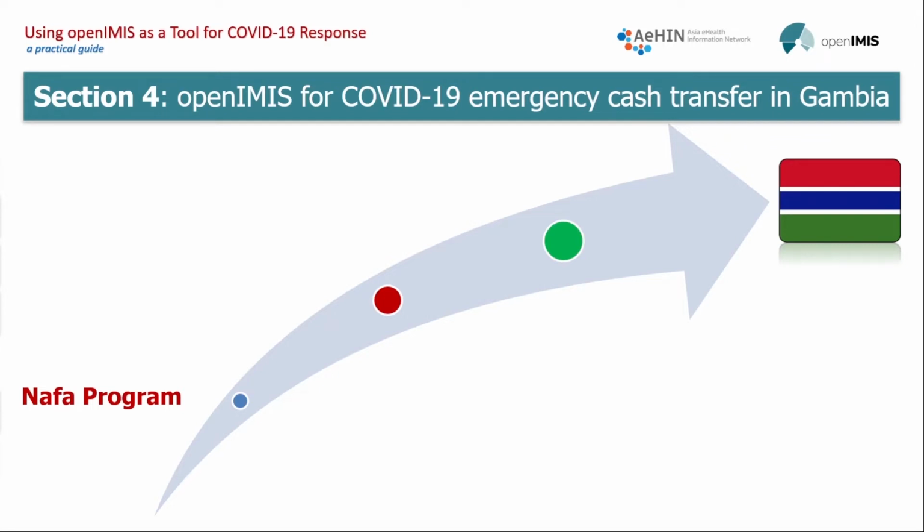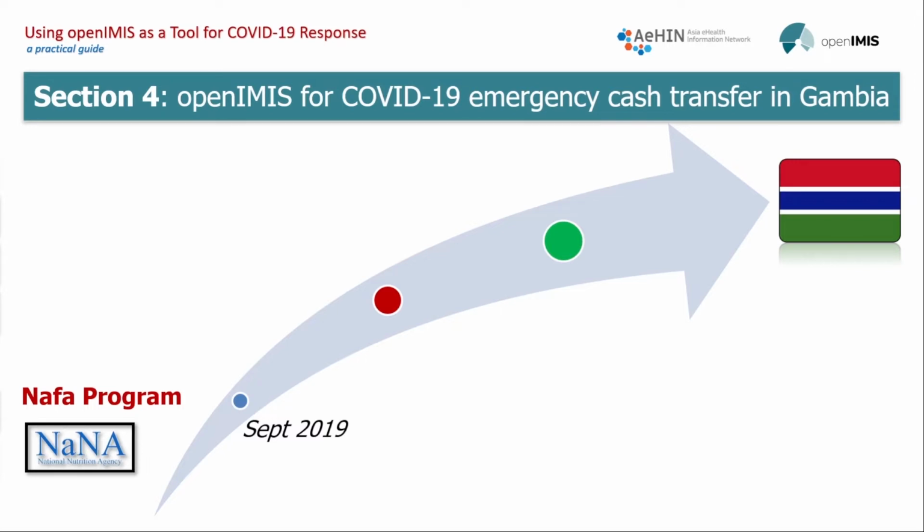the International Development Association. The NAFA program was launched in September 2019 by the National Nutritional Agency, or NANA, with the original aim of providing unconditional cash transfers to the extreme poor for 3 years, covering about 170,000 individuals in the poorest districts of Gambia.